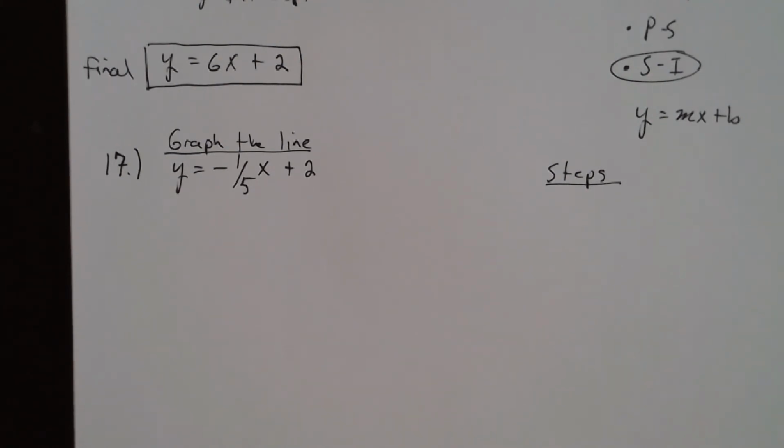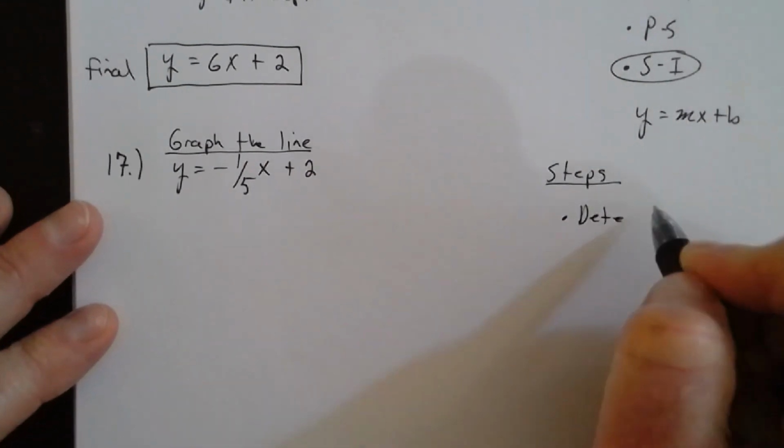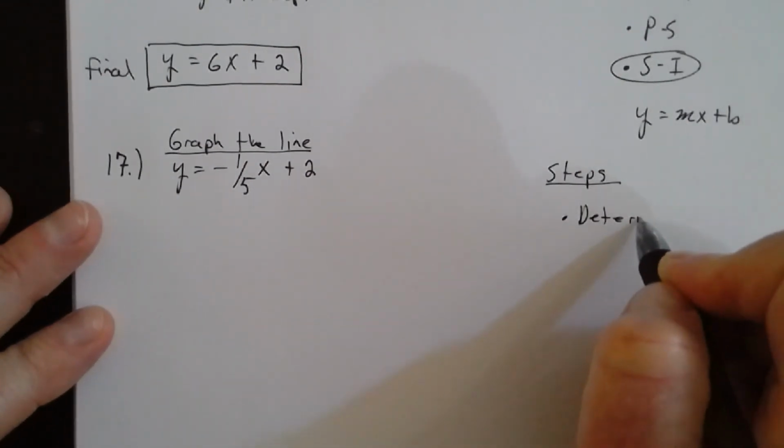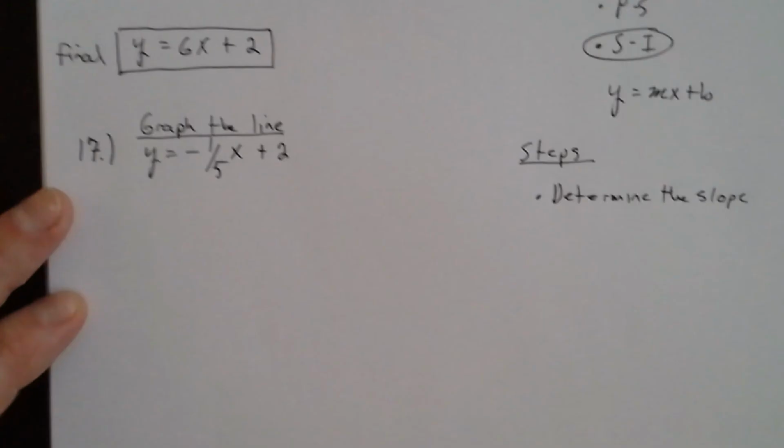Yeah, that's what we have to do, is draw a graph. I'm asking you, what information do we need to draw the graph? Negative 1/5. Perfect. We need the slope. So we have to determine the slope. What other information do we need?